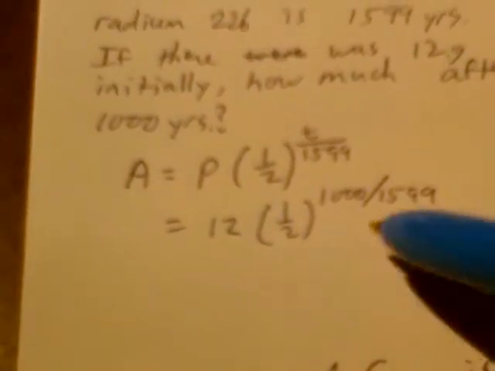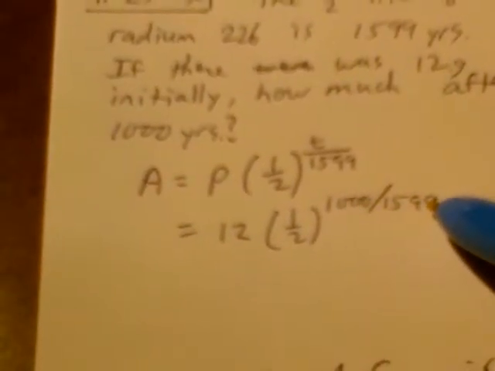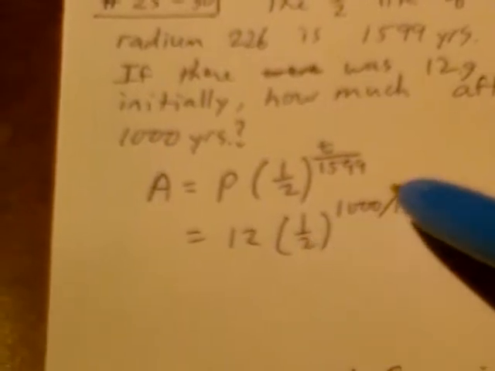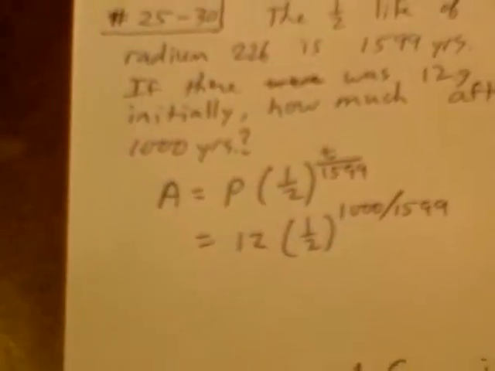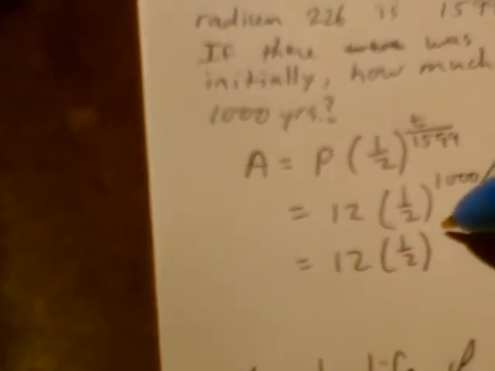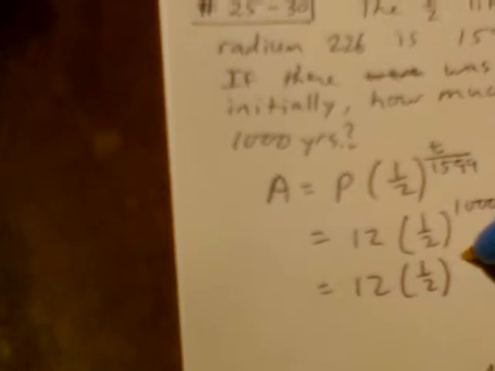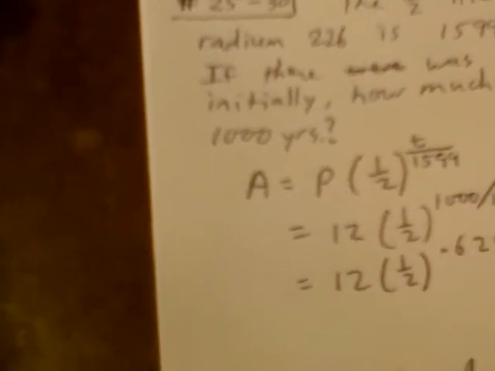So over to the calculator, we're going to divide 1,000 by 1599, and then raise 1/2 to that power, and multiply by 12. So 1,000 divided by 1599 equals 0.6254. So here we have equals 12 times 1/2 to the 0.6254.